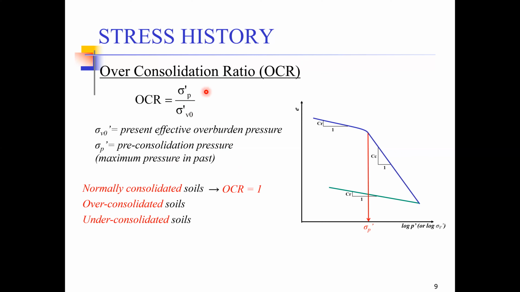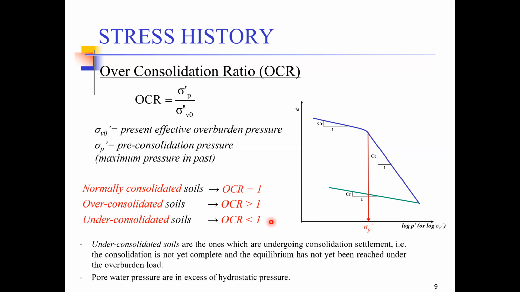So if the past pressure was larger, it means this over-consolidation ratio should be greater than 1 or less than 1? Yes, if the past pressure was larger than the present pressure, the over-consolidation ratio should be greater than 1. And then finally, there is a third type of soil, the under-consolidated soils, which have an OCR value less than 1.